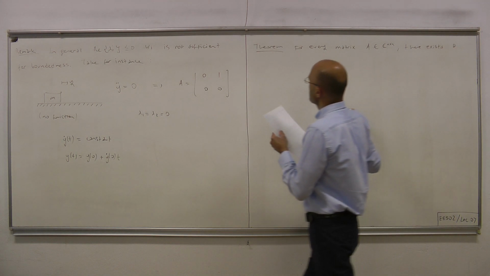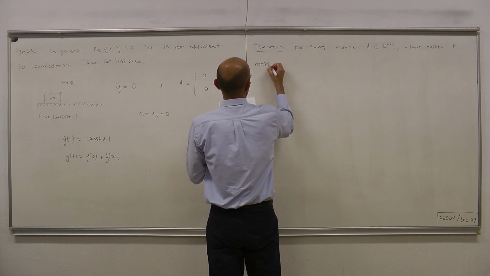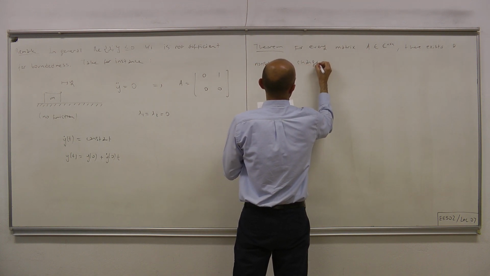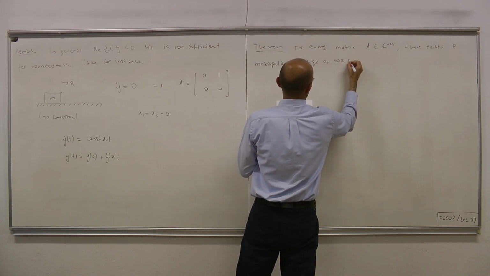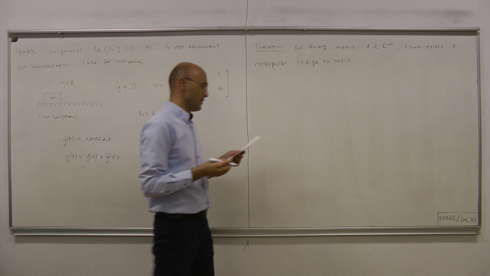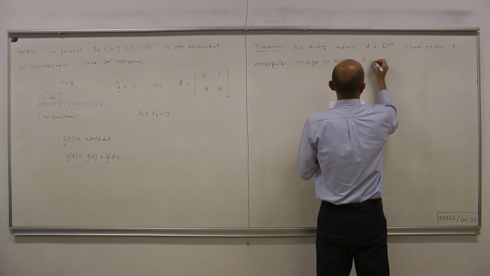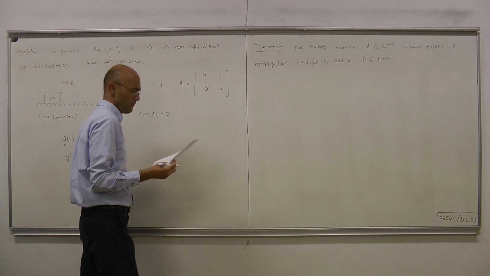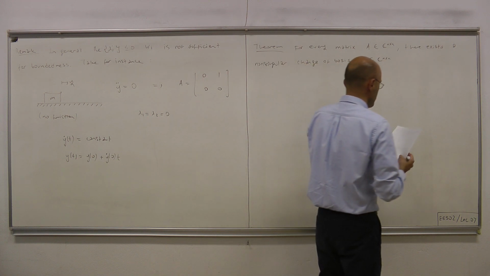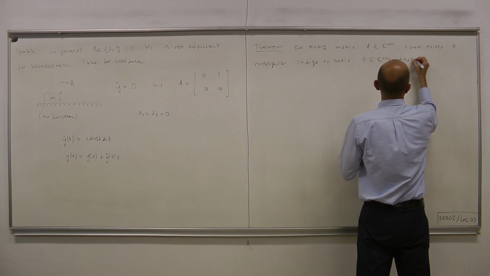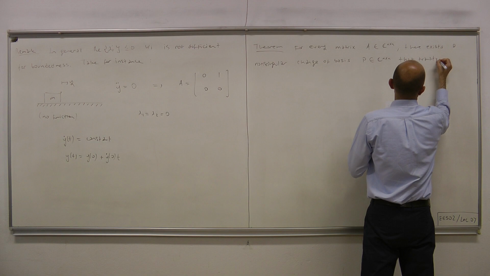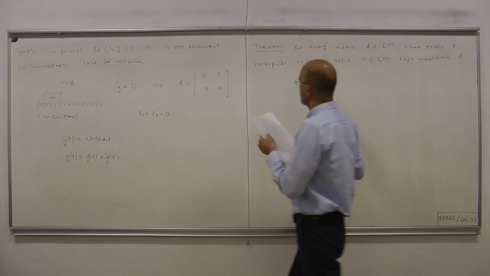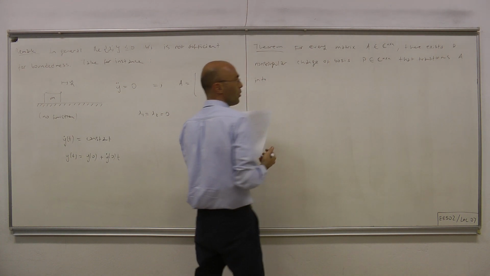There exists a non-singular change of basis matrix, or change of coordinates matrix, let's call it P, which is of the same size as A, that transforms A into the so-called Jordan form.